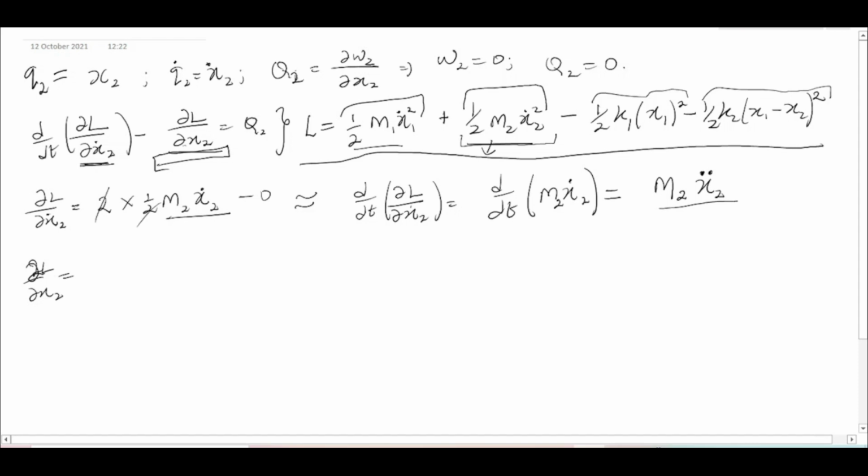The third term does not contain x2, but the fourth term does. So differentiating the whole of this, we get 0, 0 minus 0 plus 0 minus, and when we differentiate the last term, we have 2 multiplying half k2 multiplying x1 minus x2.